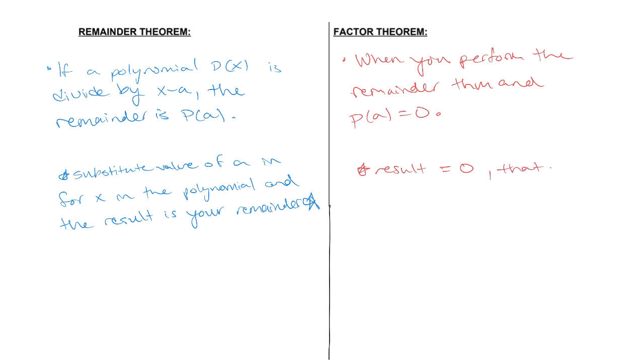That means it is a factor, right? So if we get a result of 0, that means it divides evenly, perfectly, with a remainder of 0. And that means that we could actually factor out that binomial that we were dividing by.